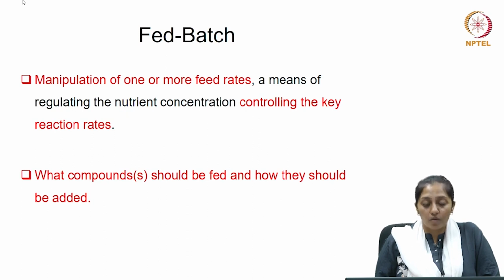That is also to be determined. There can be more than one feed stream inside the reactor because one or more nutrients may be required to be fed at different rates depending on the concentration one wants to maintain inside the reactor. So the regulation of the nutrient concentration is carried out by manipulating one or more of these parameters in a fed batch operation.